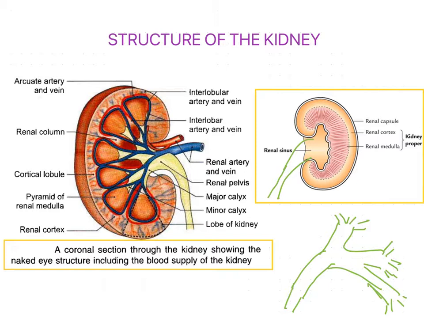These calyces may extend up to 8 minor calyces. In total we can find 7 to 13 minor calyces.